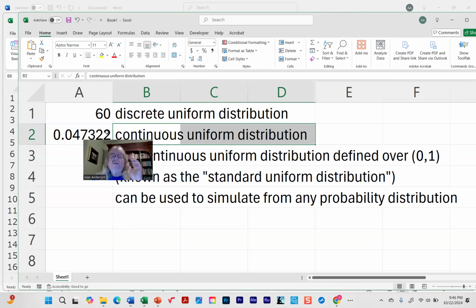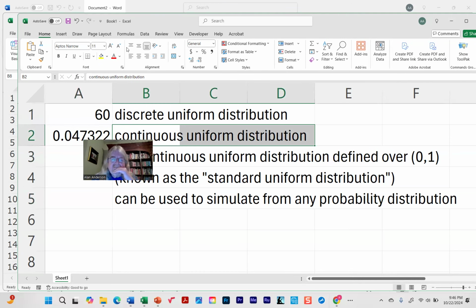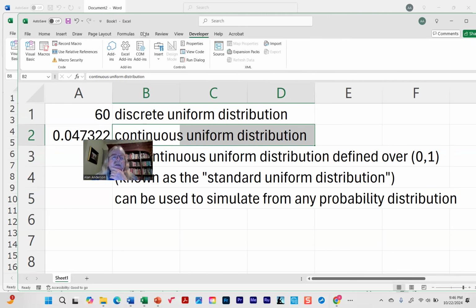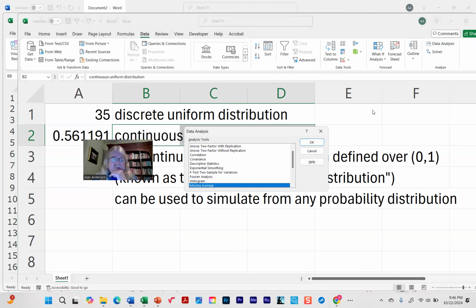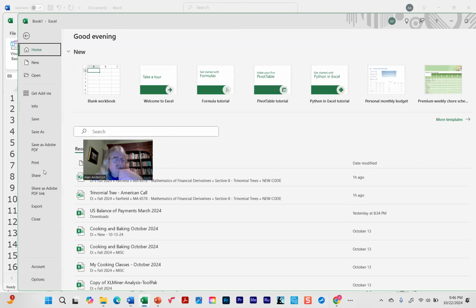Let's say that you just want a quick result. In Excel, you may have noticed that you have available to you on the data tab, if you've installed it, something called the Data Analysis ToolPak. If not, you can install it yourself from the options menu.